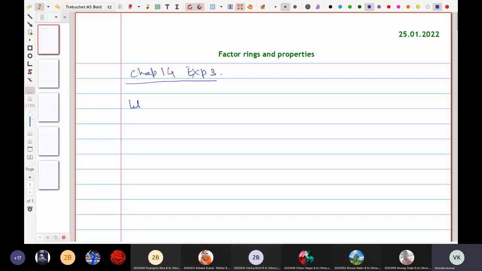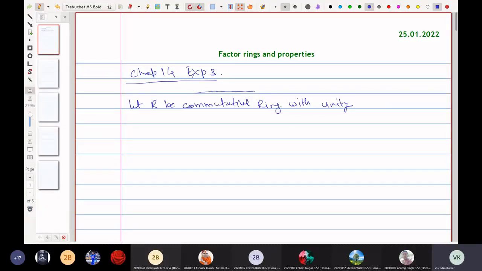So let R be a commutative ring with unity. You know that in other cases, we never assumed that the ring should have unity. In the case of prime ideal and maximal ideal, we were assuming only commutativity.